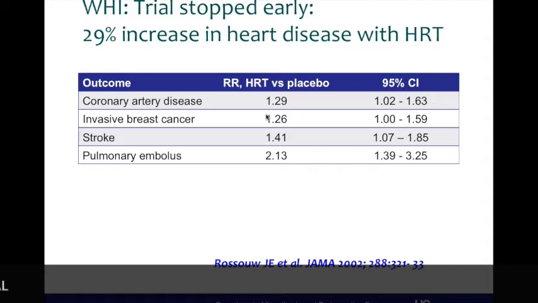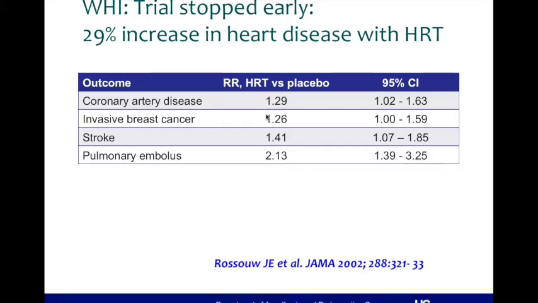A relative risk of 1.0 would essentially imply that there was no difference in risk between one group and another. A relative risk of 2 would imply that there is a 2 times greater risk of a problem with the hormone replacement than with placebo. Anything between 1 and 2, you're going to have a certain fraction of increase. So a 1.41 relative risk would mean that there's a 41% greater risk of stroke.